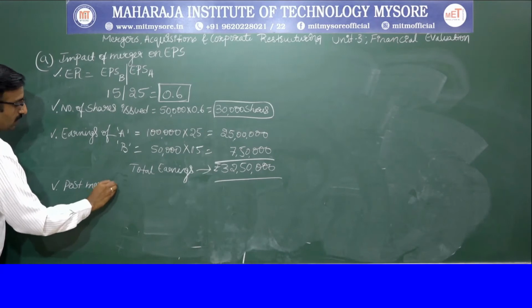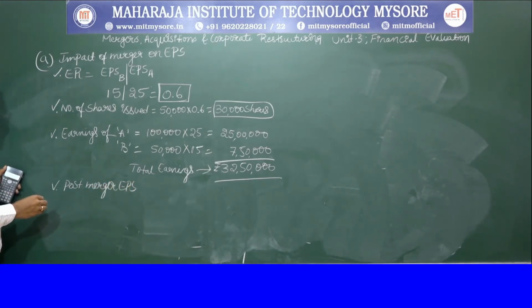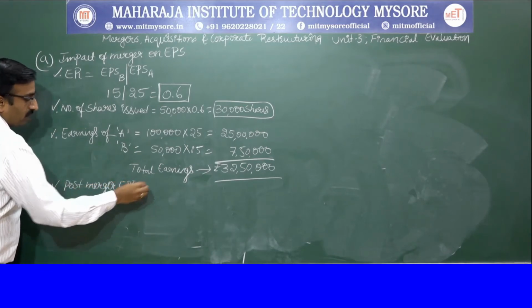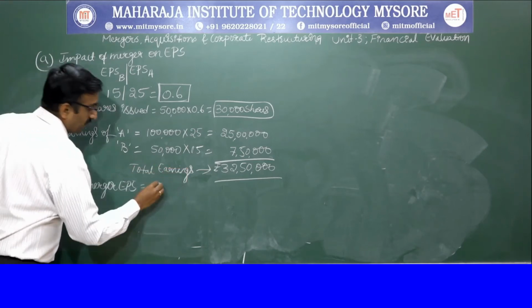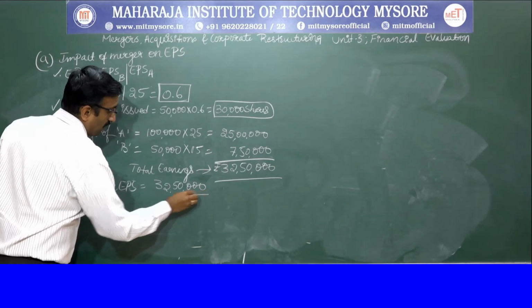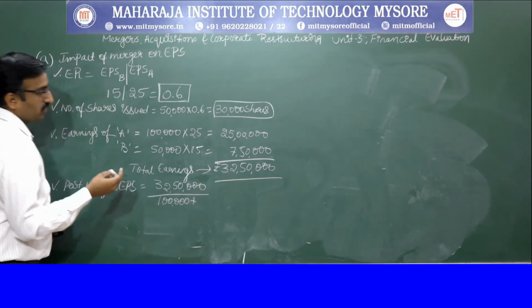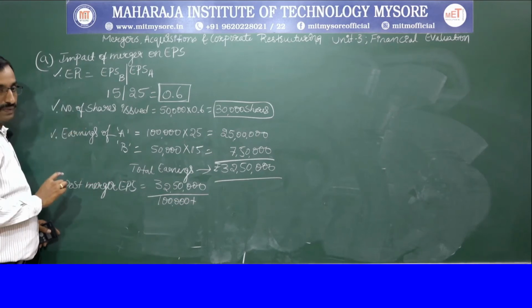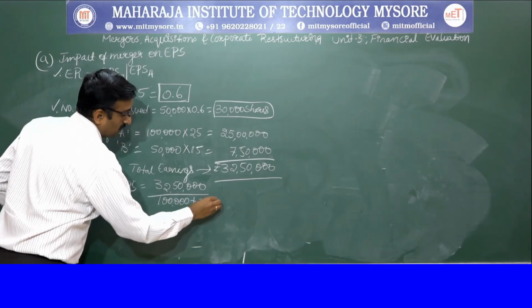Then after finding this, let us calculate post-merger EPS. Post-merger EPS is equal to, what is the formula? Total earnings divided by number of shares. So total earnings is 32,50,000 and number of shares in A Limited is 1 lakh and number of shares offered is 30,000.